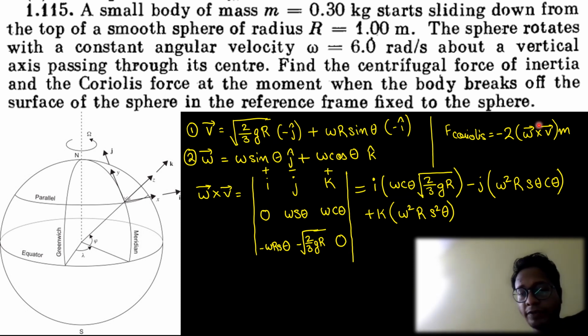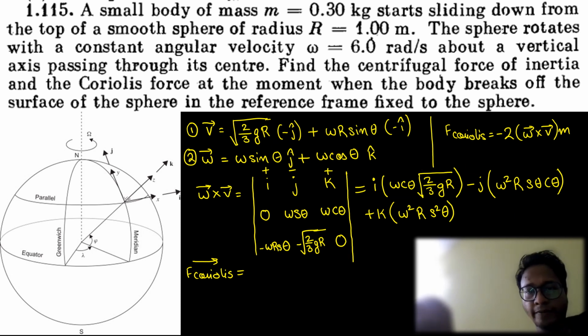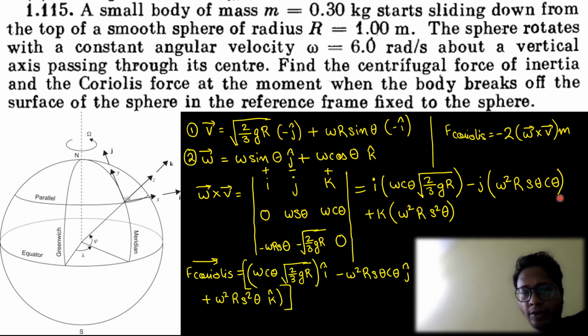So the Coriolis force would be nothing but this value into minus 2m. So F Coriolis is nothing but this entire value into minus 2m.